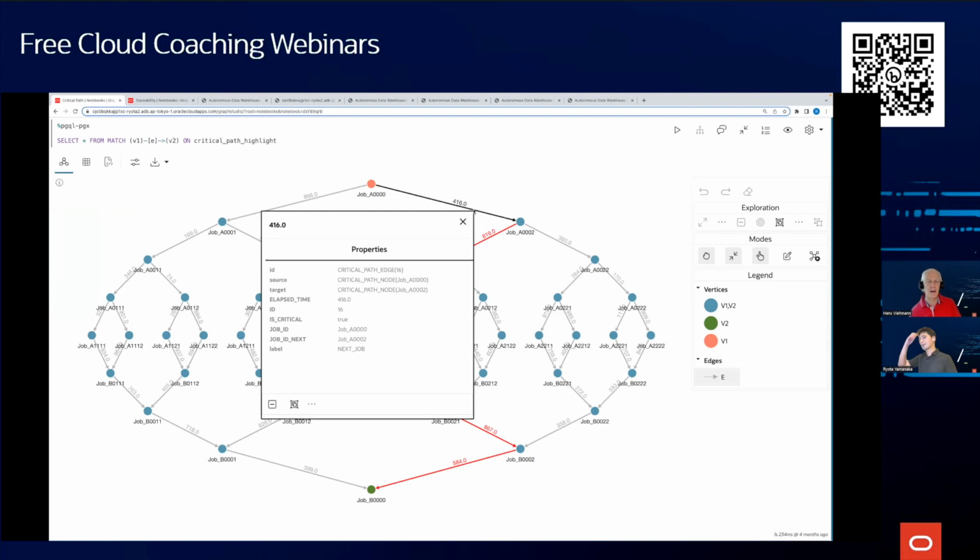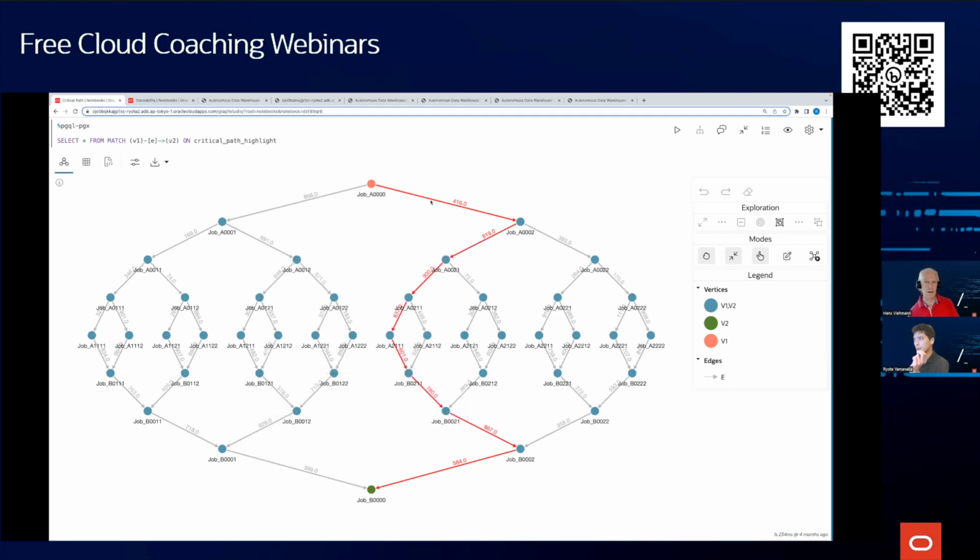Sure. The trick is that in the calculation, according to the Bellman-Ford shortest path algorithm result, I added an edge property here, is critical, true or false.